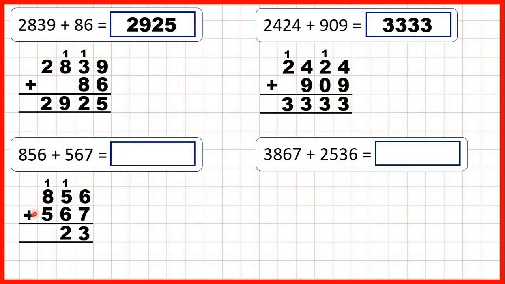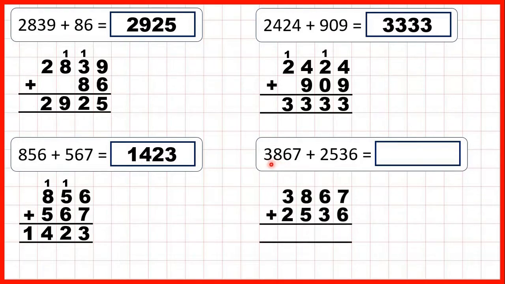But here, we don't have any more digits to add. So we can just write our answer in our answer line. 1 plus 8 plus 5 is 14, so we can write that in our answer because there are no further digits to the left. So that gives us 1,423.